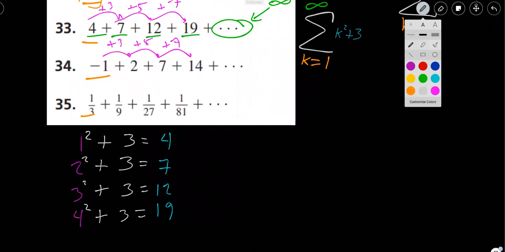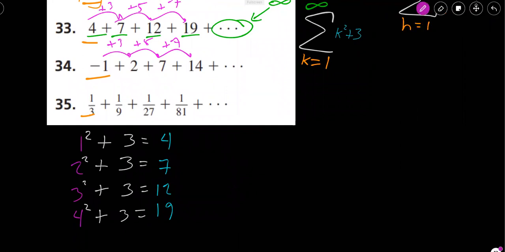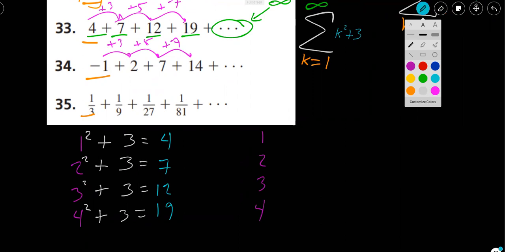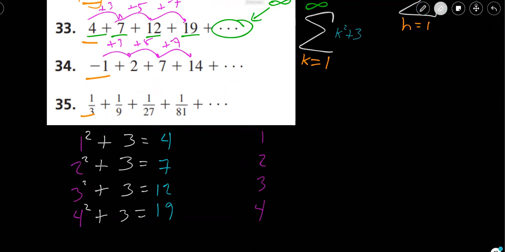All right, let's go to number 4, or 34. Same idea is going to hold here. We're going to try setting it up and see what we get. -1, +2, +7, +14.